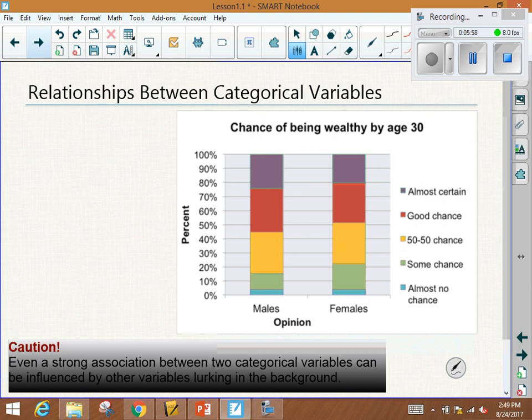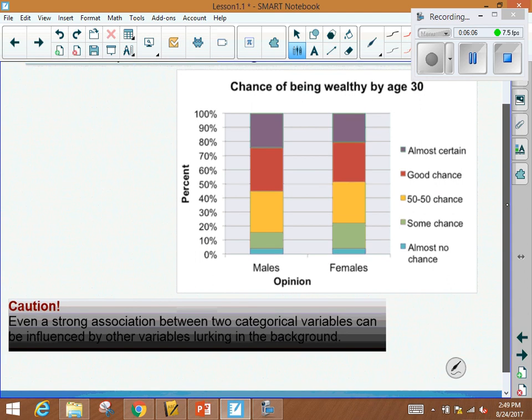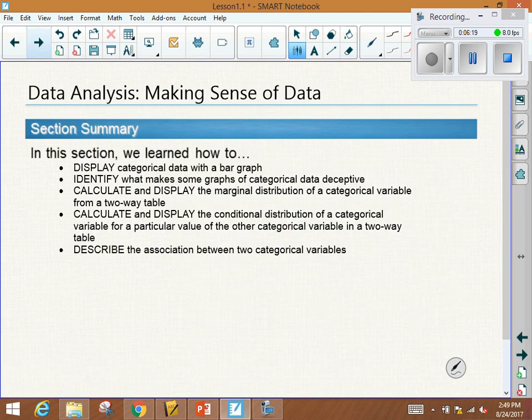Of course, I think it is a factor, but it's not the deciding factor. So like I said, we need to be very cautious. There could be some lurking variable that is causing the effect that we're seeing to occur. For instance, with that last one, socioeconomic status would be a huge factor.